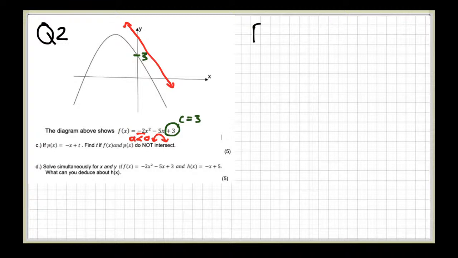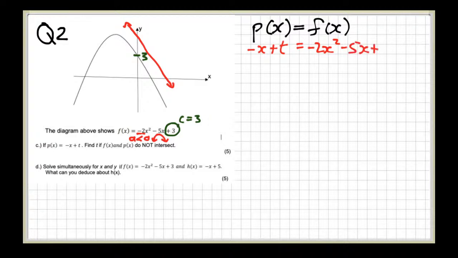Well, plain and simple, I take p of x equal to f of x. That is for intersection between two graphs. So I'm going to take p of x, which is negative x plus t, equal to f of x, which is negative 2x squared minus 5x plus 3.